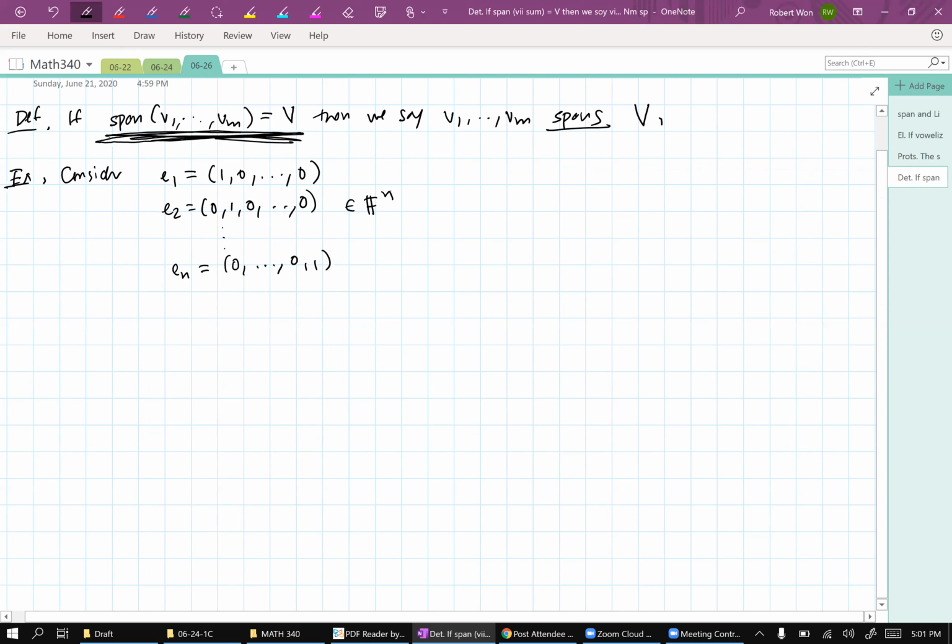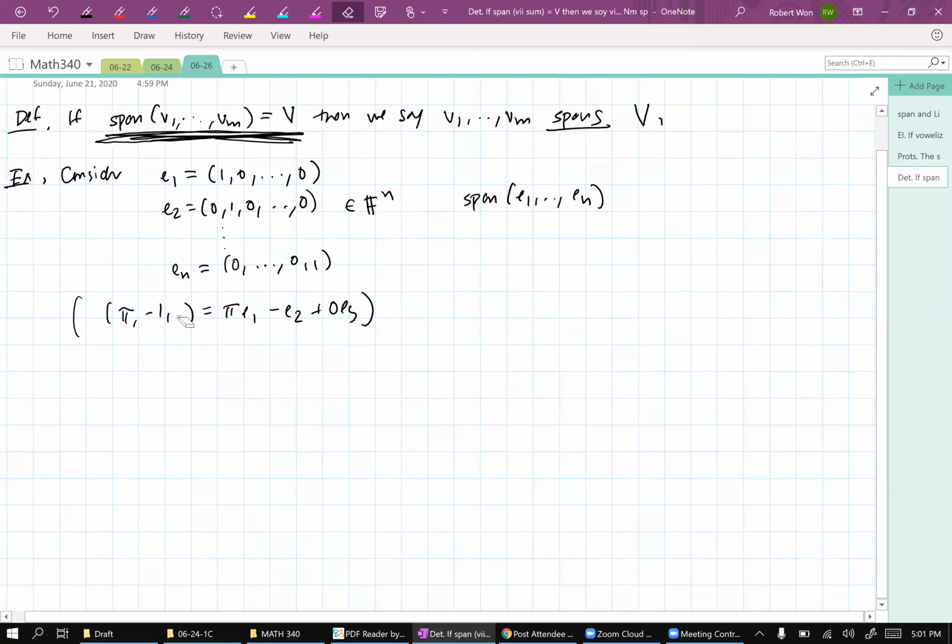So you can look at the span of these guys. That's all possible linear combinations of these n vectors. But then it's pretty clear that you can get every vector in F^n. For example, if you want to get the vector (pi, -1, 0), you can just take pi times E1 minus E2 plus 0 times E3.